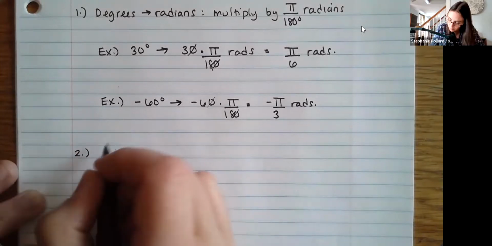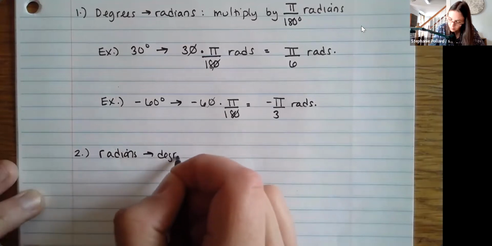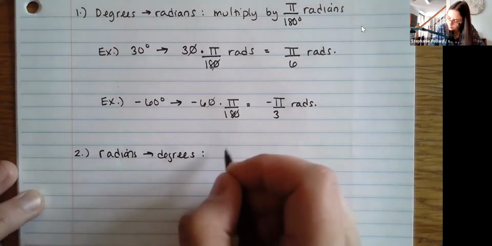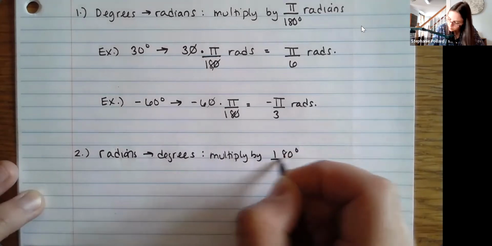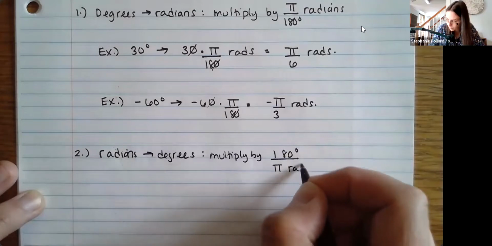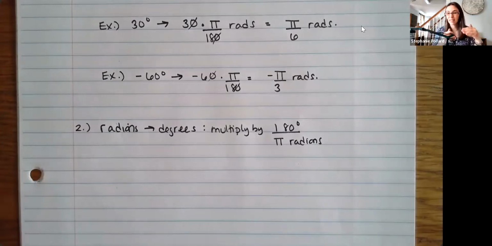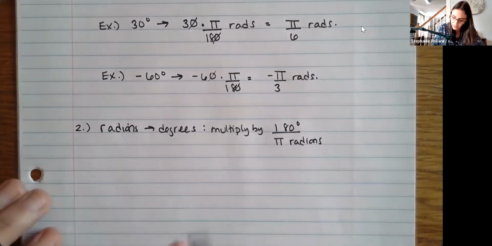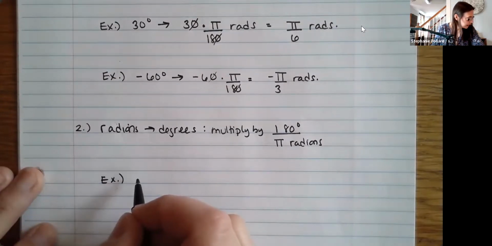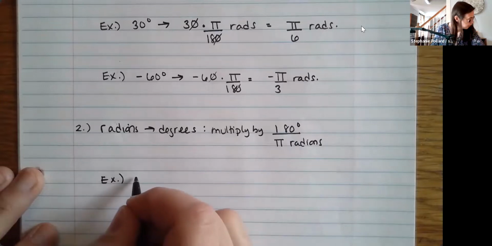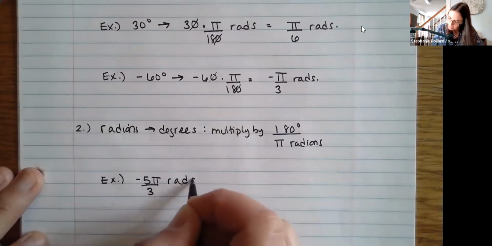We can also go the other way. Then you multiply by 180 degrees over pi radians. What happens there is the radians cancel and you're left with degrees as the final answer. So for instance, what if we did something like negative 5 pi over 3 radians?